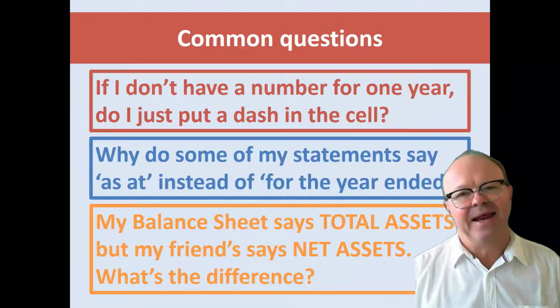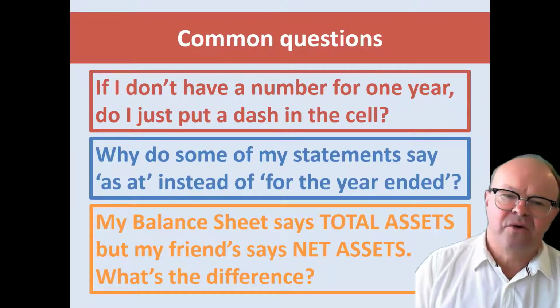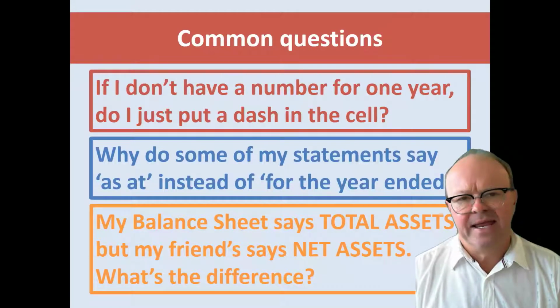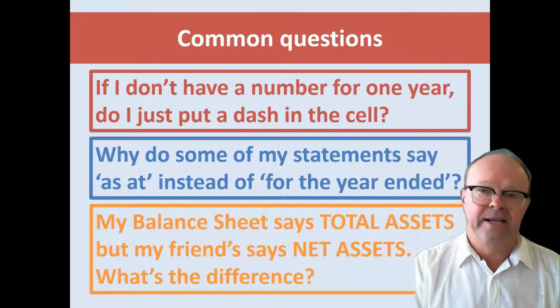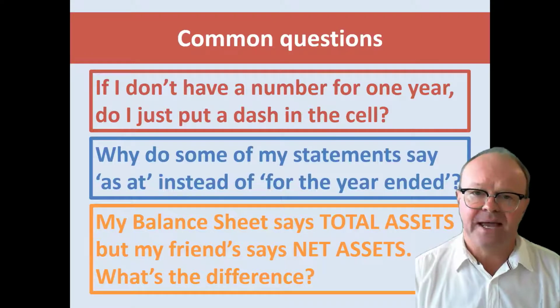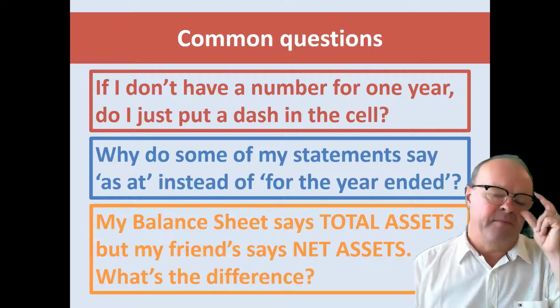The reason is you can't add up dashes. A dash will be a label, whereas a 0 will be a number. So put a 0 in the cell. Often in the financial statements in your annual report, the zeros might be a dash too sometimes in the items. So just put a 0, not a dash.